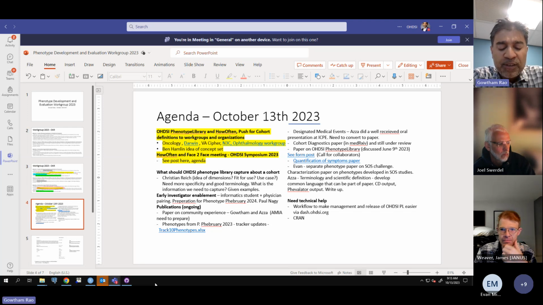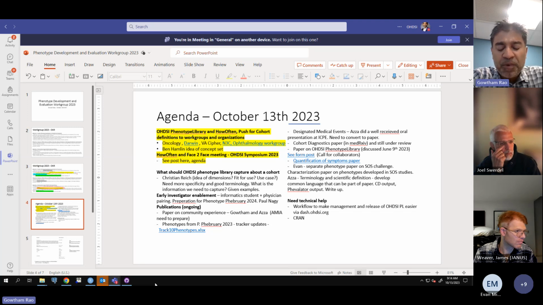Now, there has been interest in the community, though, that concept sets or codelists are something that the libraries should handle. I've been on the fence on that topic, but recently a passionate argument from Ben and Joel made me think about it a little bit more.